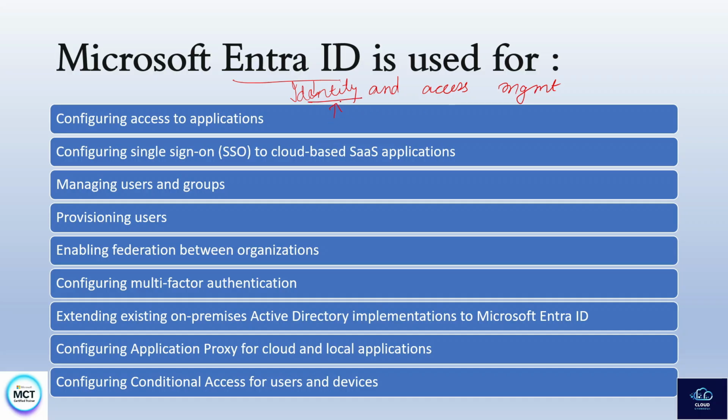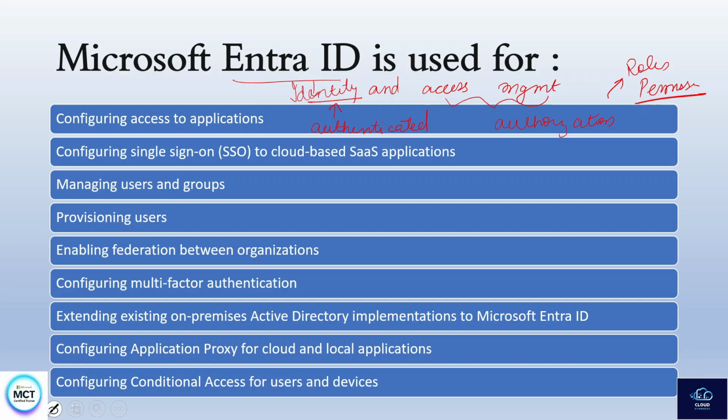Identity is creation of users, groups, or external IDs, basically something which can be authenticated within the Azure portal. And when we talk about access management, it refers to the authorization level permission, which is related to roles and permissions. Okay, roles and permissions related to the user.